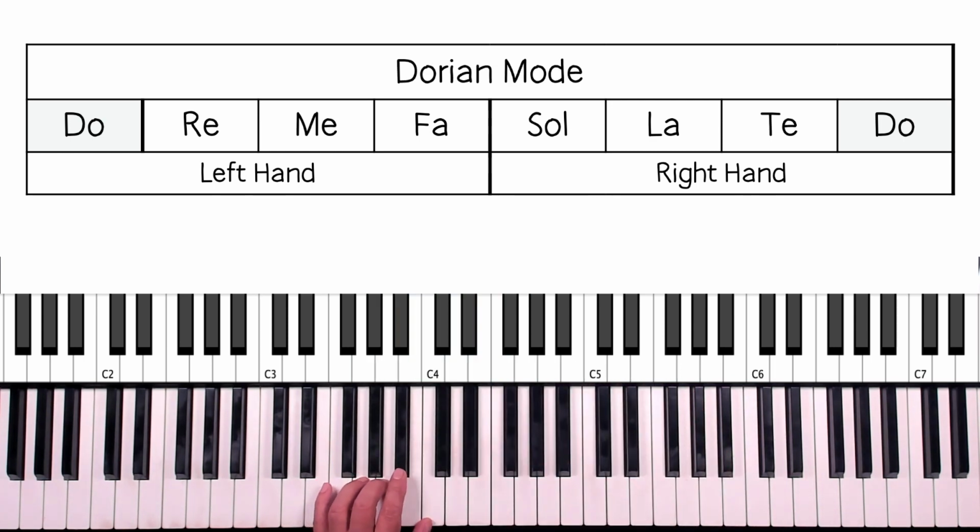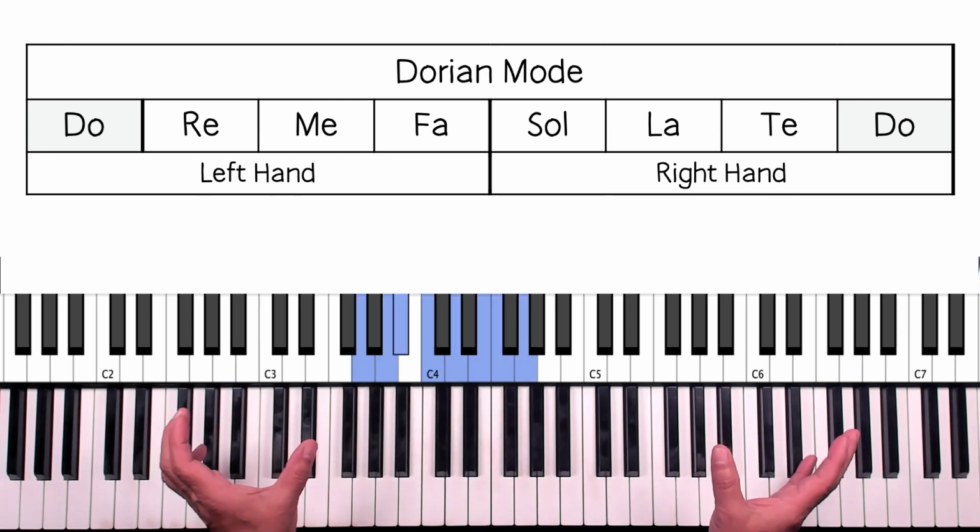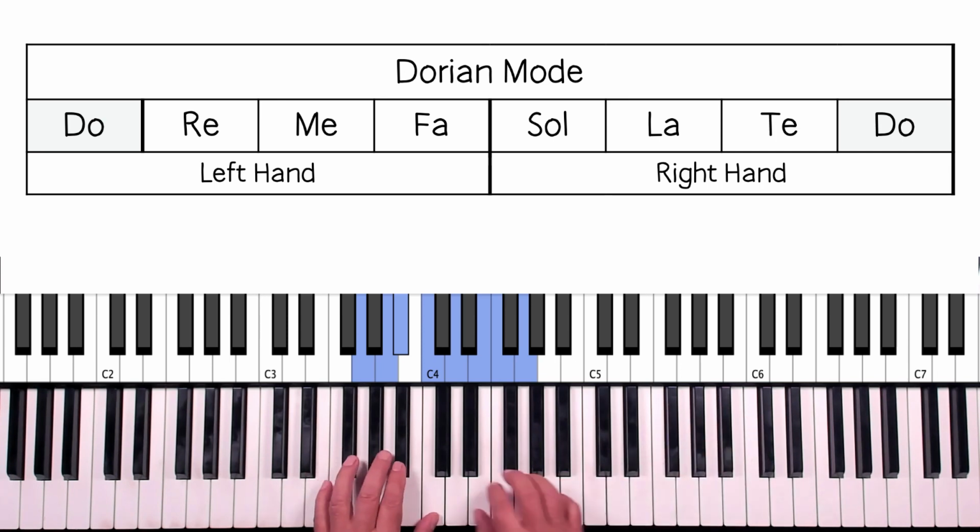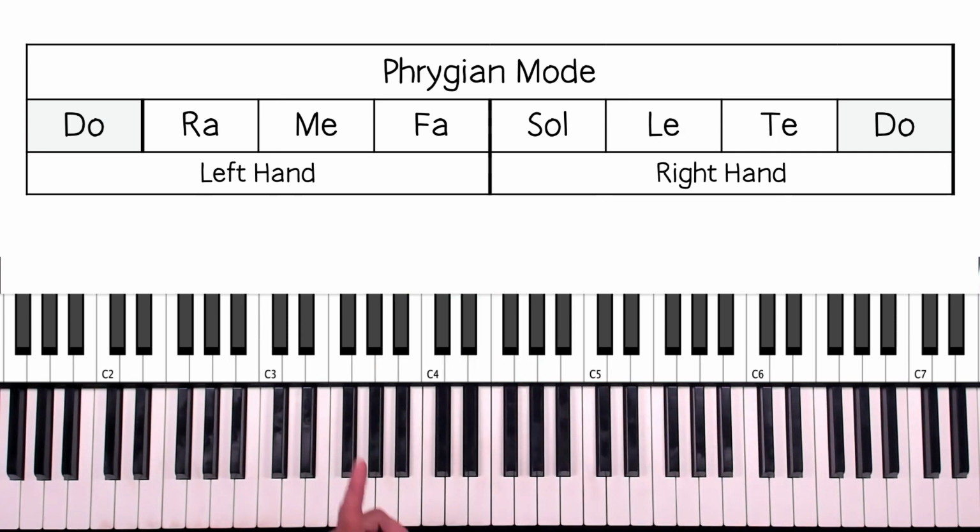Now we're gonna go to Dorian. Do, re, mi, fa, sol, la, ti, do. And you have here the formula, left hand, right hand, left 4 notes, right 4 notes. And now we're gonna go to Phrygian mode. Flat 2, flat 6.